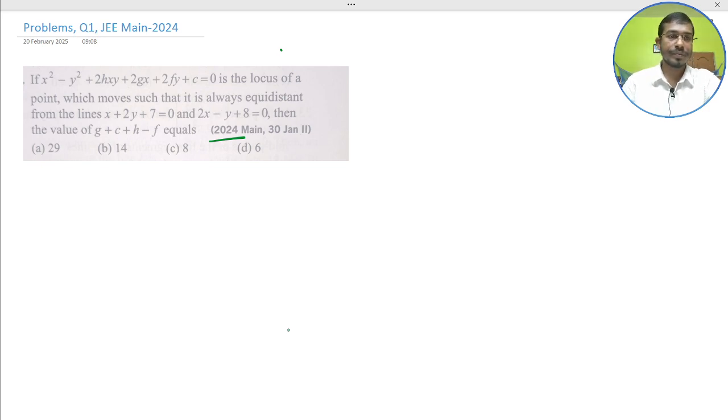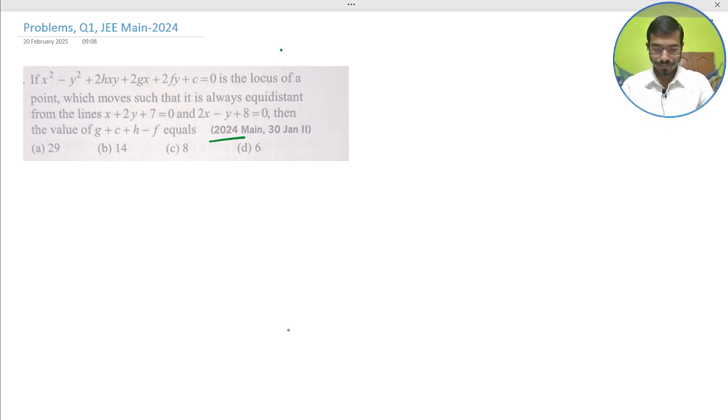If x square minus y square plus twice hxy plus 2gx plus 2fy plus c equal to 0 is the locus of a point which moves such that it is always equidistant from the lines x plus 2y plus 7 equal to 0 and 2x minus y plus 8 equal to 0, then the value of g plus c plus h minus f equals what?